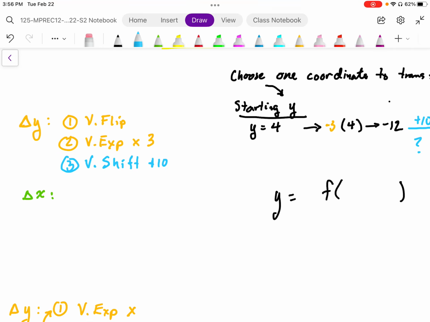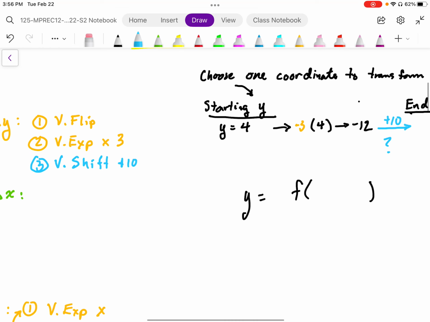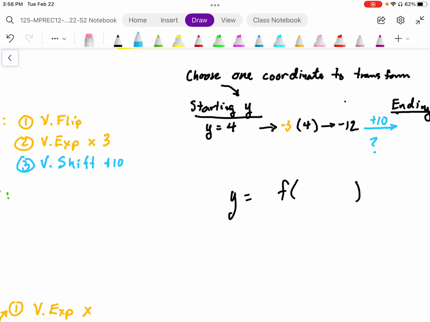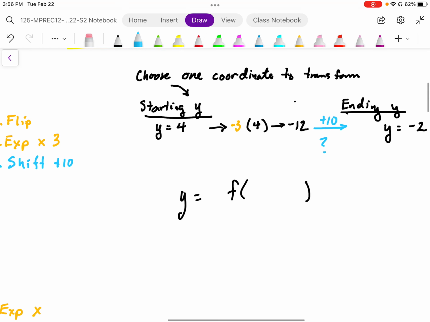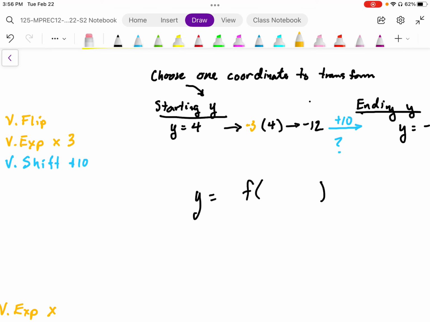I did my flip and expansion first, figured out the transformation of one coordinate, and figured out the last shift based on where my coordinate ended up after my flip and expansion and where I need to get to. So writing this in, it's going to be -3 on the outside and then +10 at the end. That's my entire y transformation.